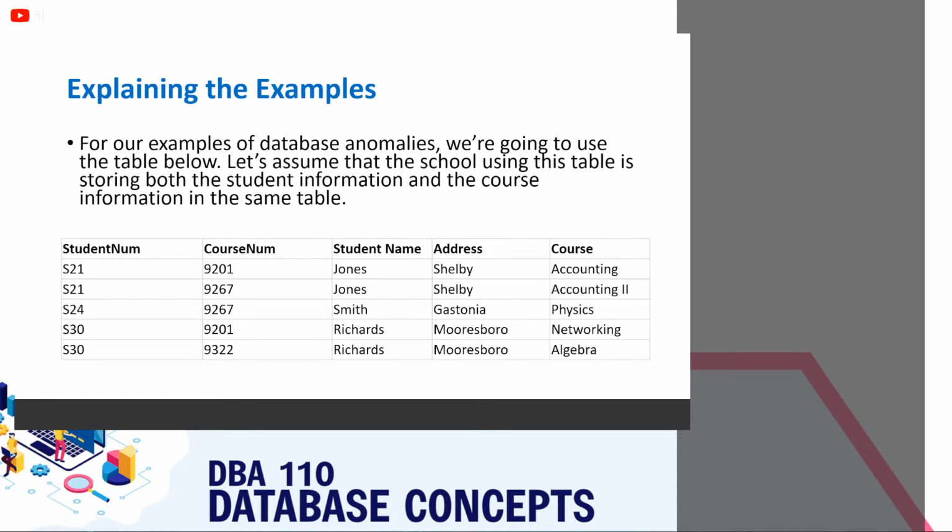We can see here that this table isn't normalized because it has different values all put together in the same table. We have transitive dependencies in here. We have fully functional dependencies in here.